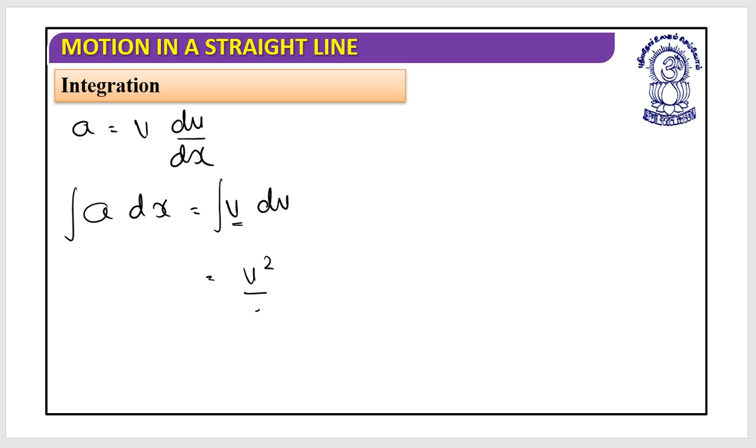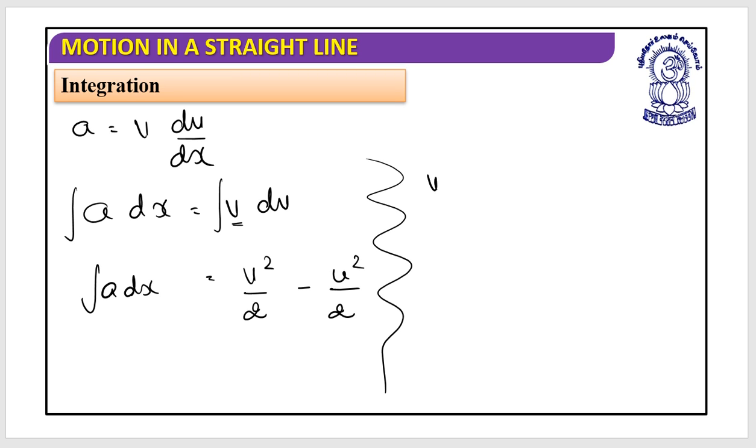Yes, you are right, it's v square by 2 minus u square by 2. This is equal to the integration of a dx. So let's rewrite this: v square minus u square, divided by 2, should be equal to the integration of a dx. So this is my third formula.